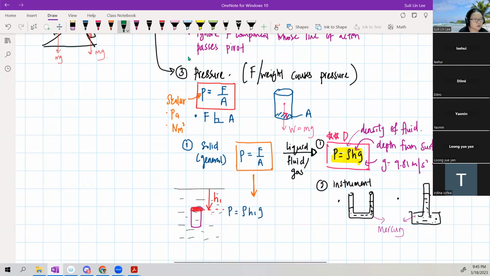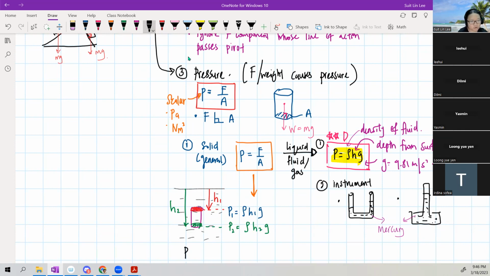And the pressure on the bottom surface is actually different because the bottom surface is lower than the top surface. So this is H2, and the pressure here will be rho H2 g. So let's say this is P1 and the other one is P2.